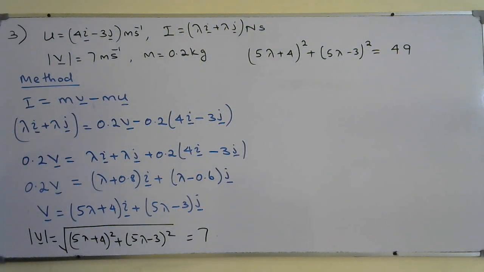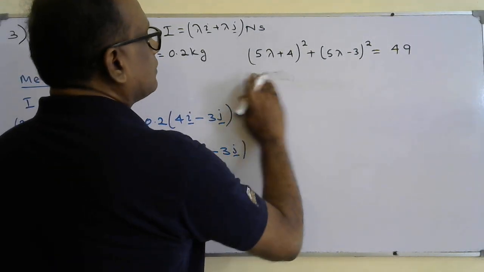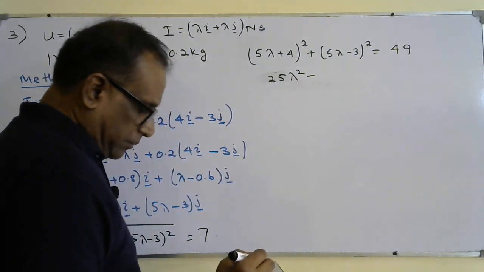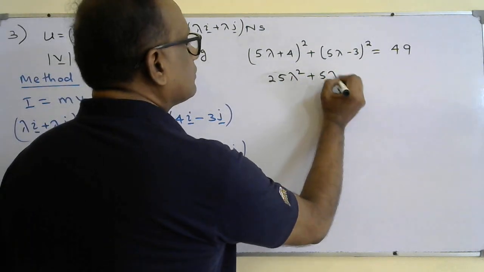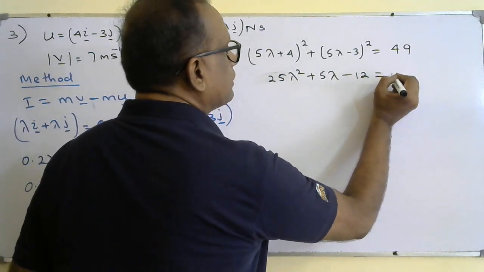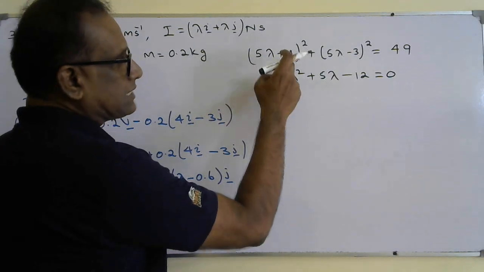Now expand, square it and rearrange it. You will get 25 lambda squared plus 16 plus 40 lambda, and so on. Expanding and solving, you will get 25 lambda squared plus 5 lambda minus 12 equals 0.